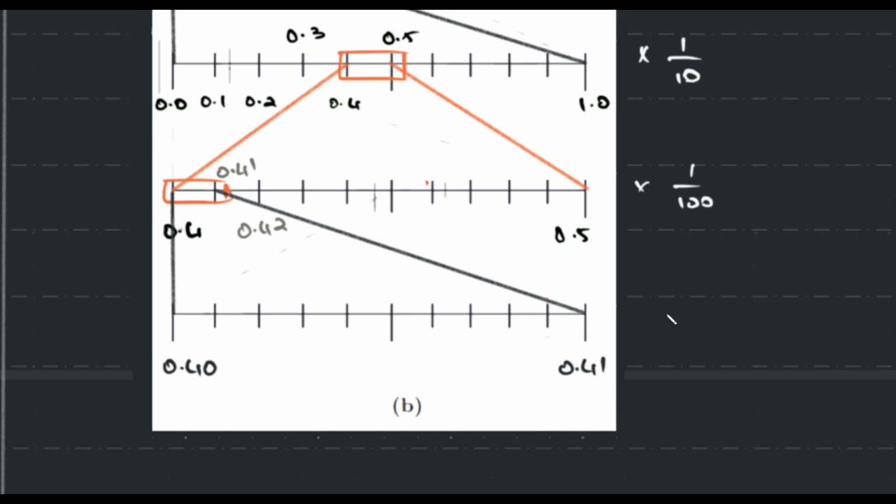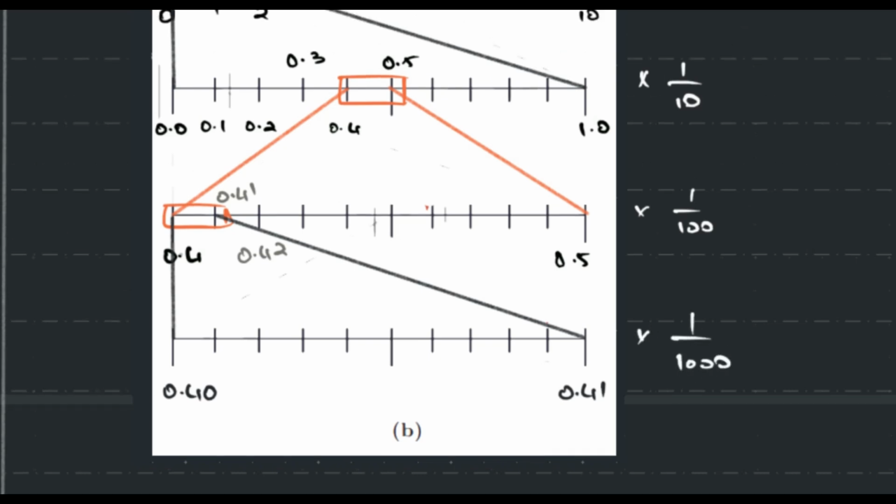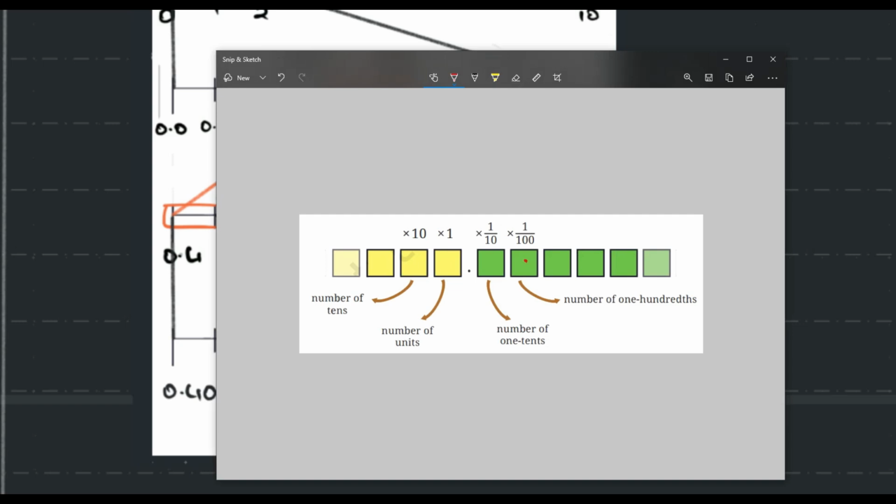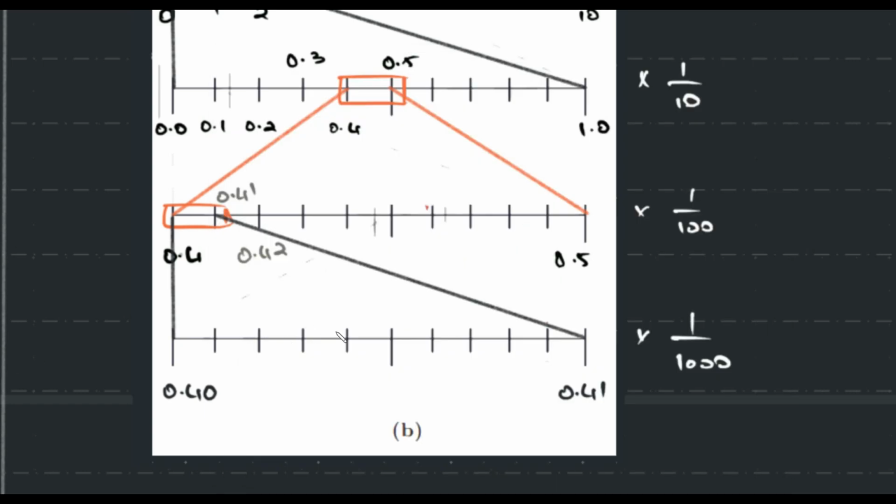And this is a place wherein we are considering the 1000th position. So basically 100 and 1000, 1000th. So basically third position after the decimal point.